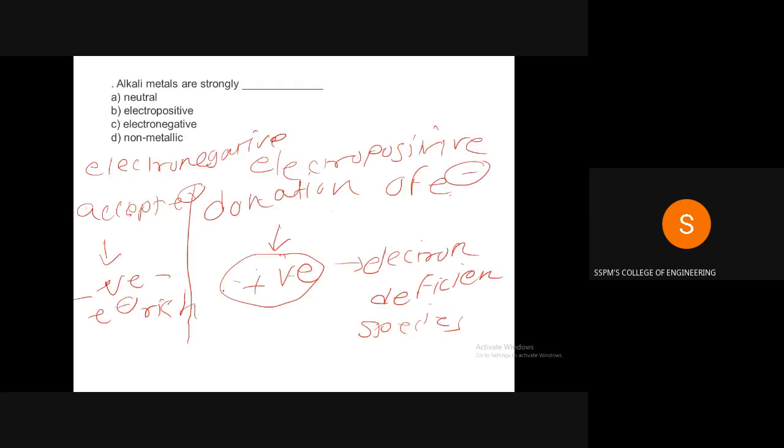So if the species is electron rich, it is electronegative, and electropositive forms positive charges. Electron deficient means electropositive. Electron rich means it is a product of electronegativity characteristics. Oxygen is electronegative, sodium is an electropositive element.